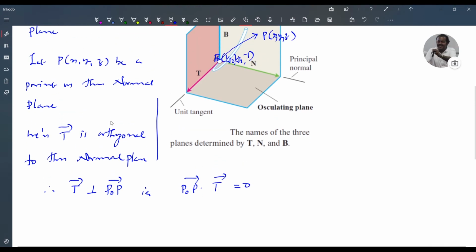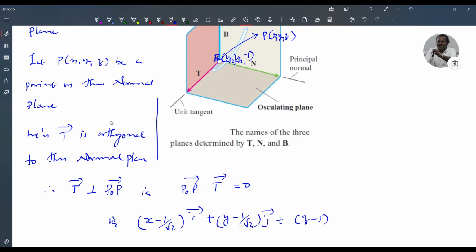So P naught P is x minus 1 by root 2 i plus y minus 1 by root 2 j plus z plus 1 k, dot, you know that T at t equal to pi by 4 is minus 1 by root 2 i plus 1 by root 2 j plus 0 k.